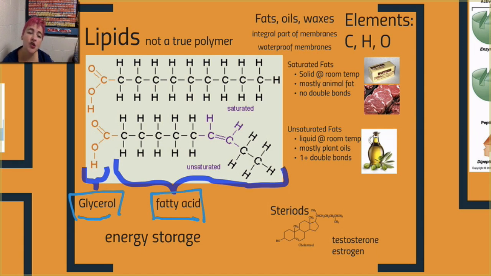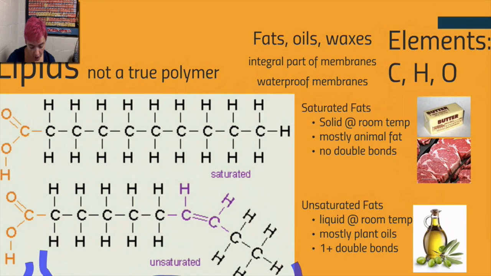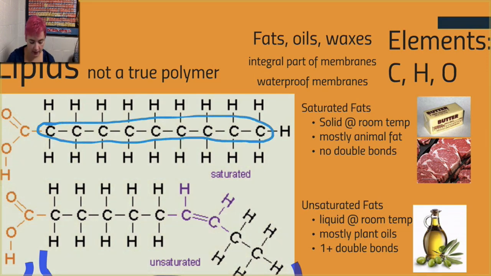When we look at the chain of carbons and hydrogens of the fatty acid, it's going to determine how it acts in nature. If we look at the chain, we can see that this top one has no double bonds between these carbons. So they're all single bonds in between the carbons of the fatty acid here.